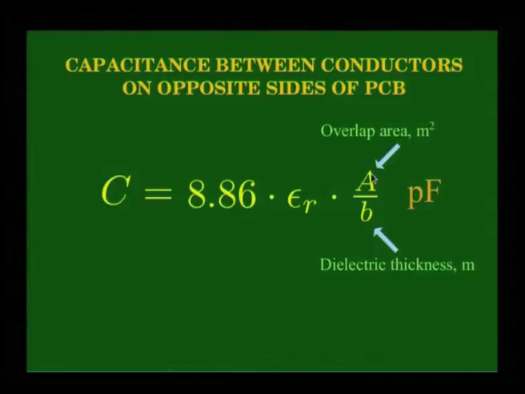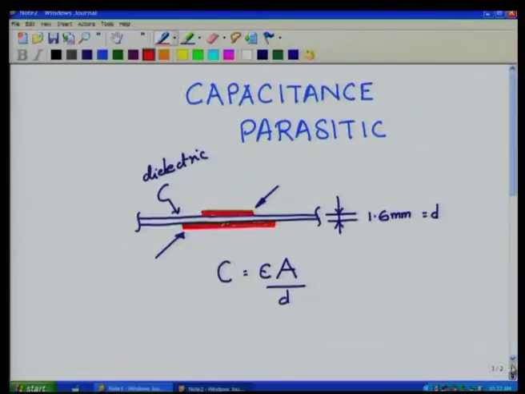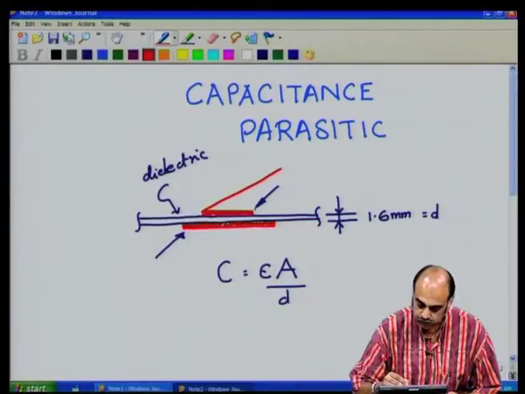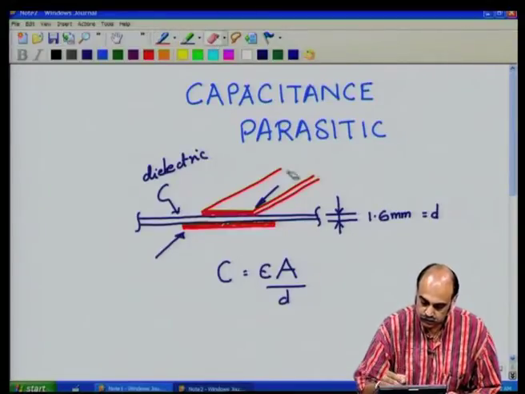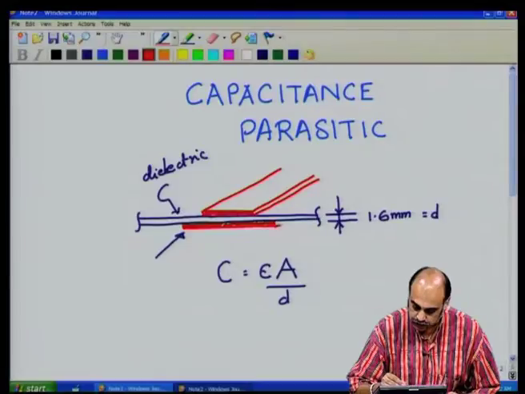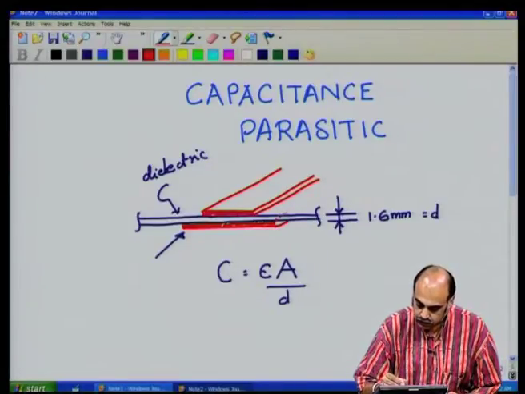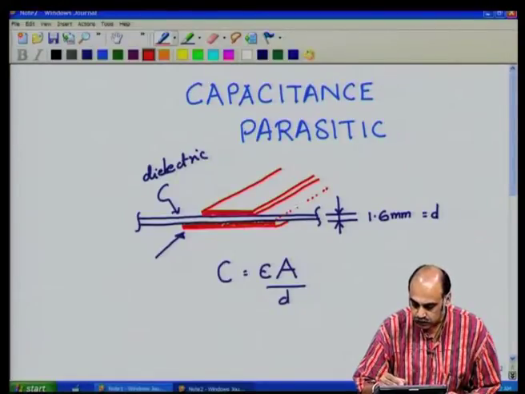So, if I come back to my whiteboard here, you have a track on the upper layer which goes like this, and the track on the bottom layer, which goes dotted as I am showing here.